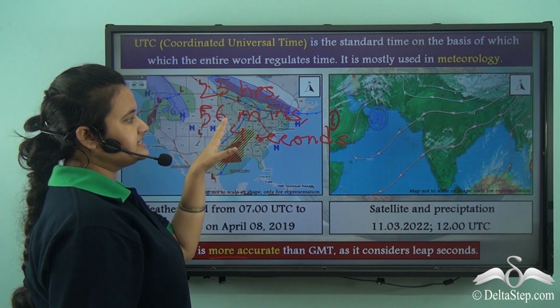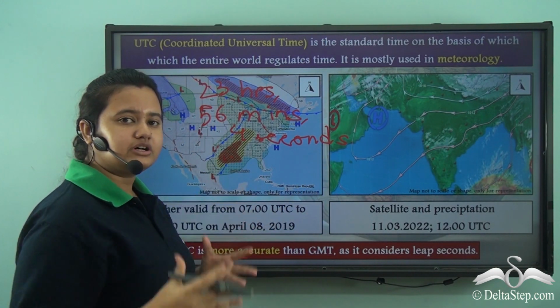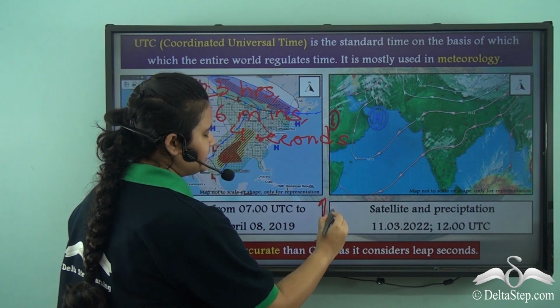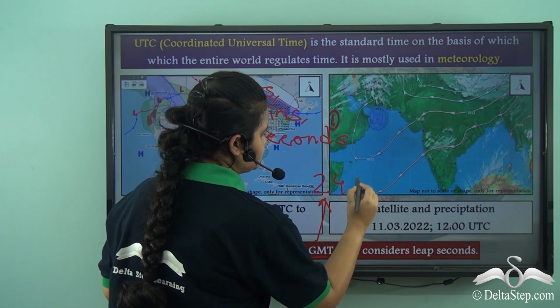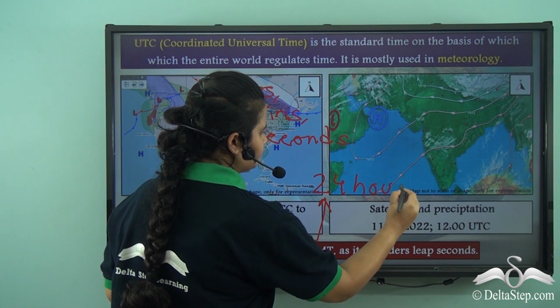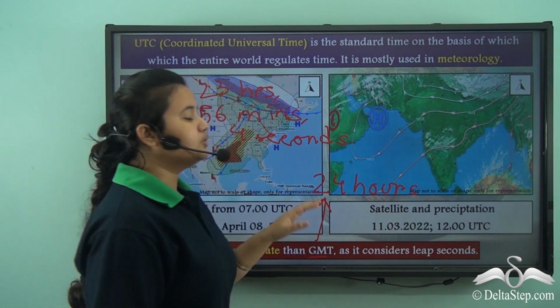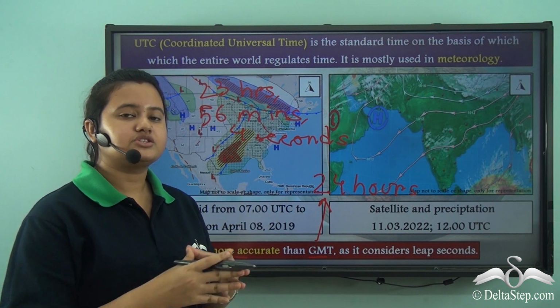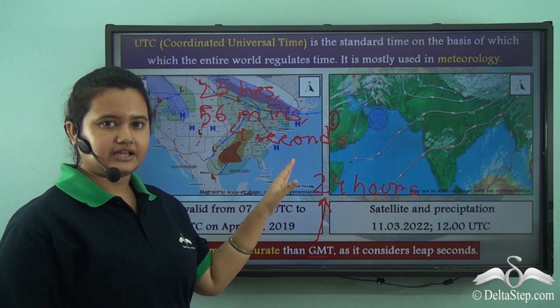So, this is the exact time of Earth's rotation, but GMT considers the time of rotation as 24 hours. So, GMT does not consider the slowing down of Earth's rotation by some seconds.